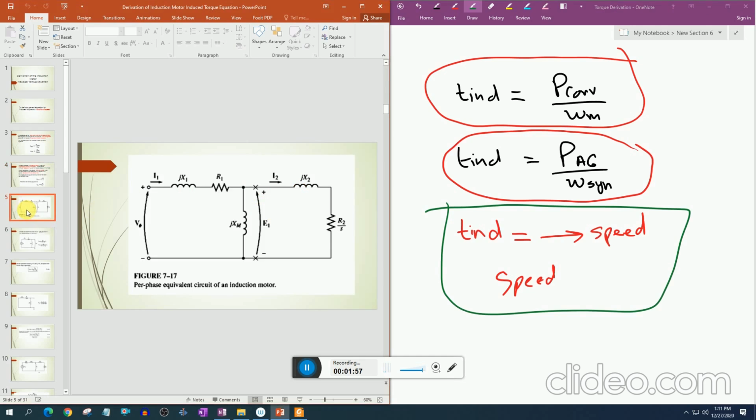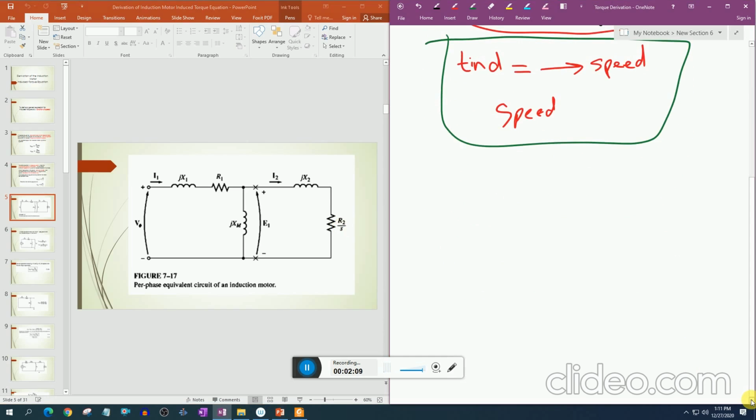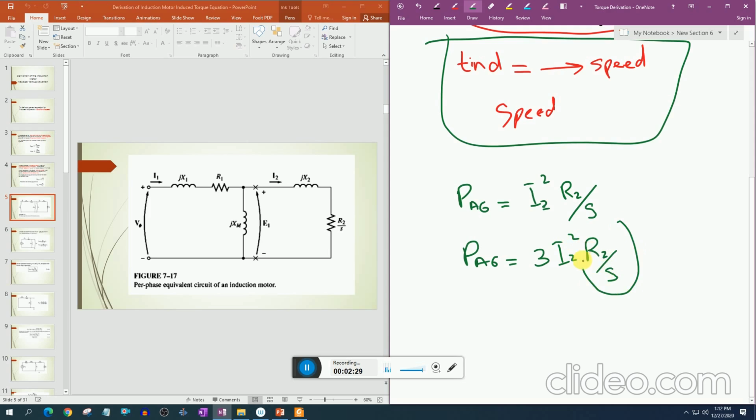Here P air gap is equal to I2 square R2 by S, and for three phase, P of air gap is equal to 3 I2 square R2 by S. Here R2 is the rotor resistance and slip is the speed, which also indicates the load.